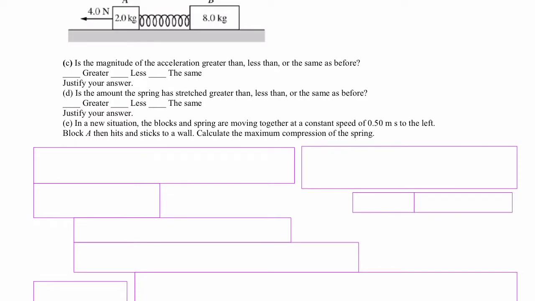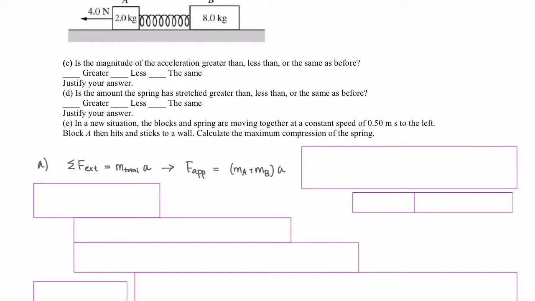the system. So to do that, we're going to first write out Newton's second law, which says the sum of all forces external to the system is equal to the total mass of the system times the acceleration. And the total mass of the system is just going to be mA plus mB.